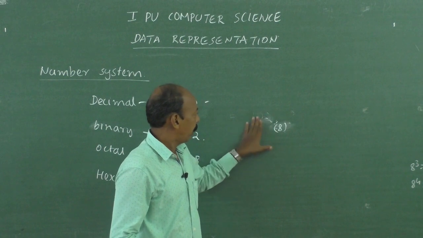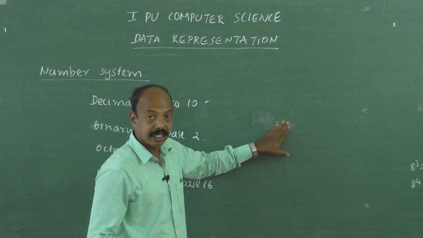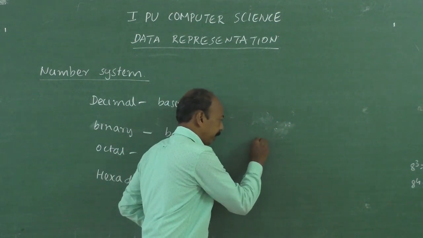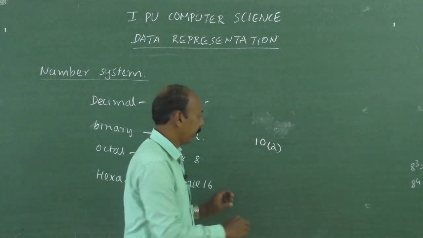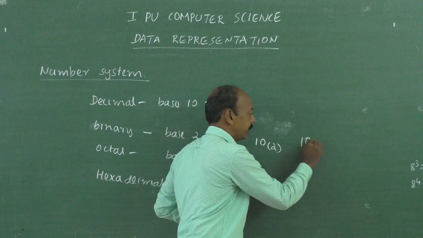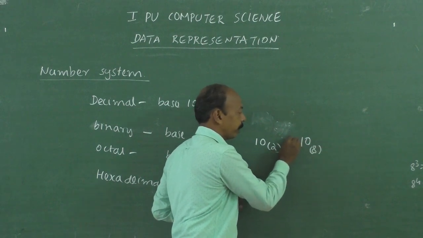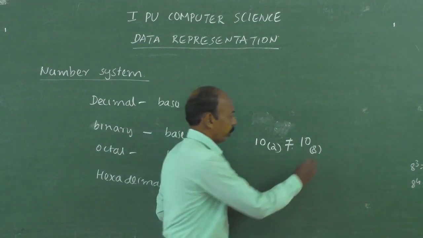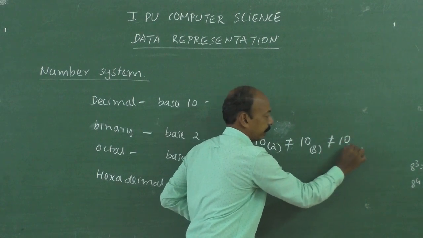Remember, we have emphasized, that means we have given the stress, that for example, suppose we have written 10 in the binary number system, and also we have written 10 in the octal number system. This is not equal to this, right? Also, which is not equal to 10 in the decimal number system.